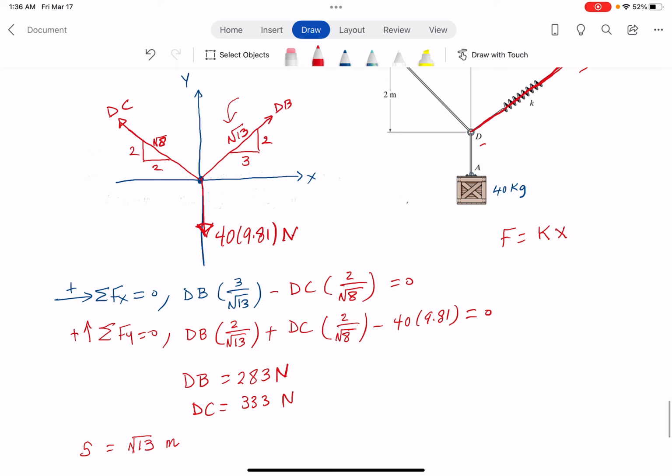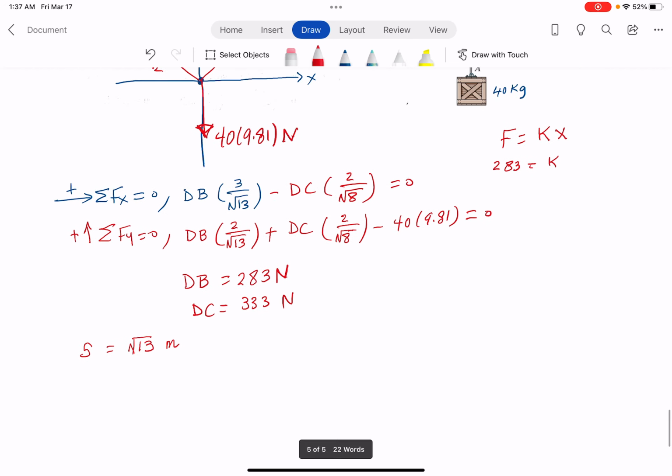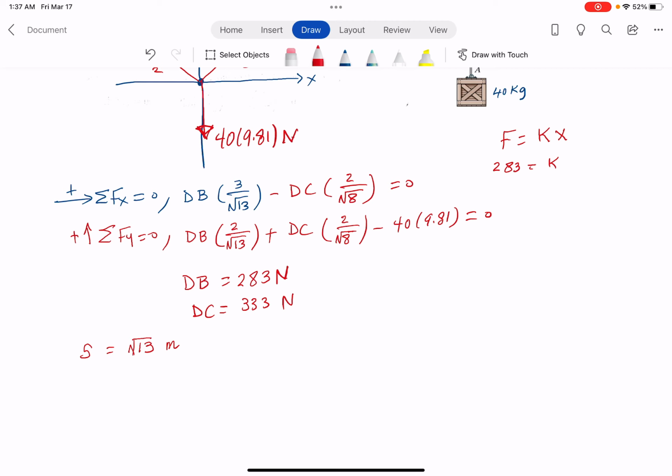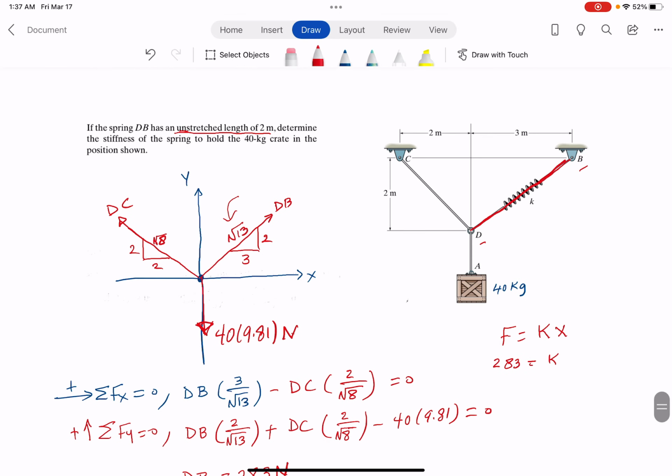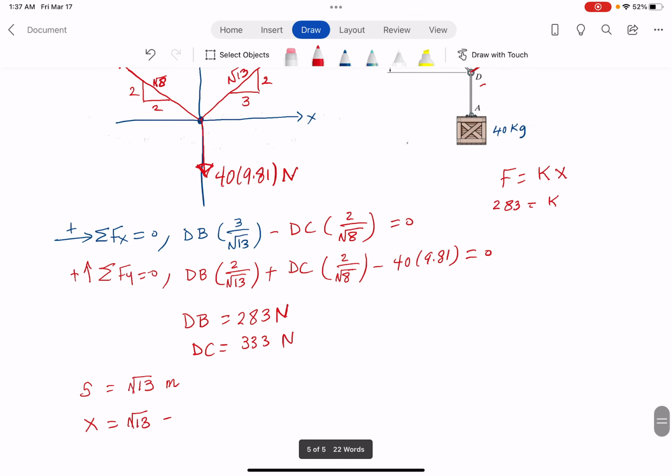DB we have as equal to 283. K is unknown. Now we need to find X. So X, we found it here. This is the extra elongation, which means that the cable after the stretch, which is square root of 13, minus the original length of the unstretched spring.